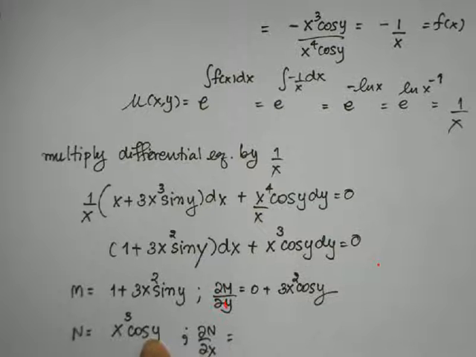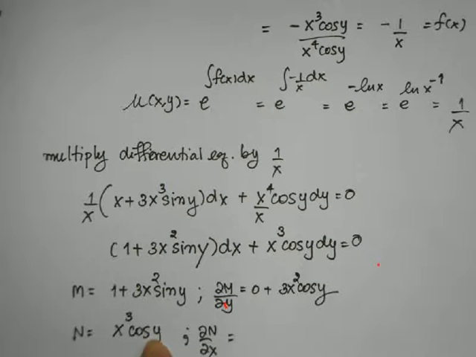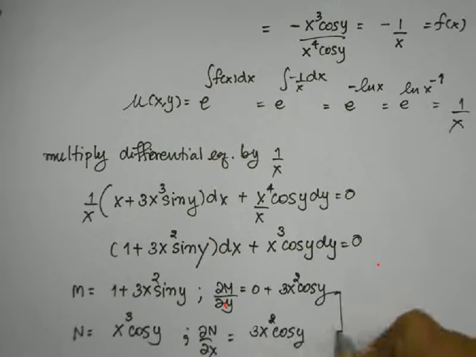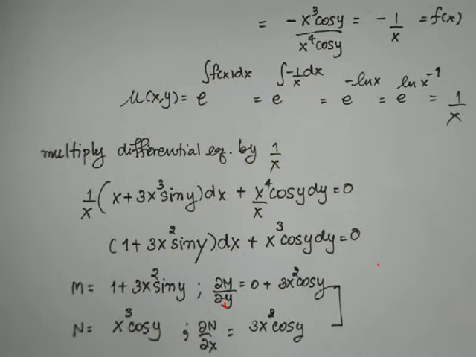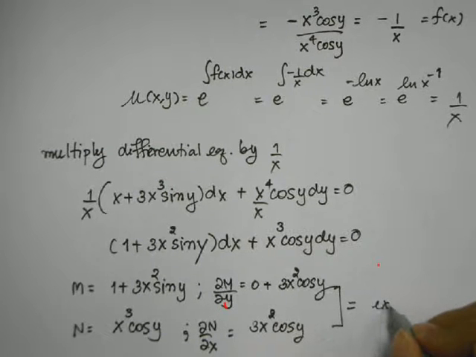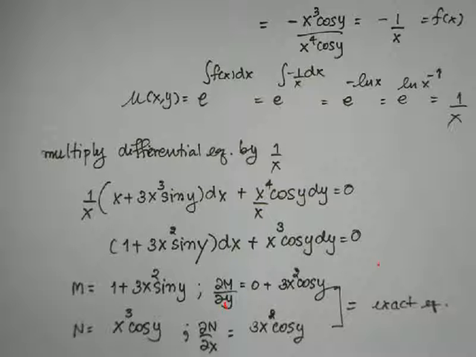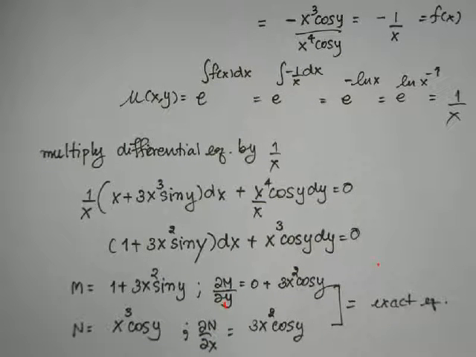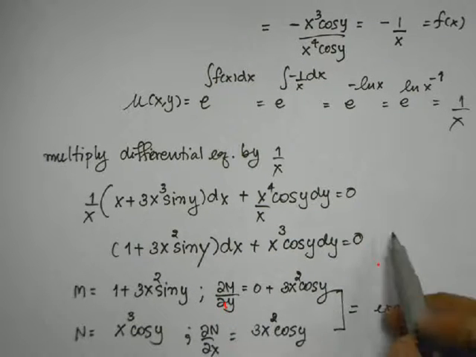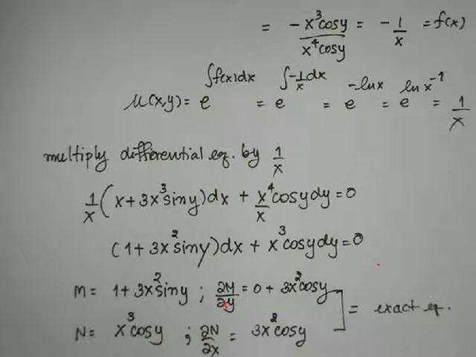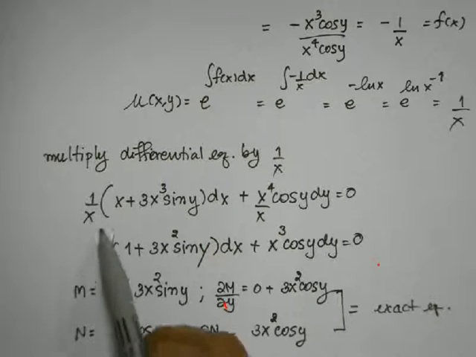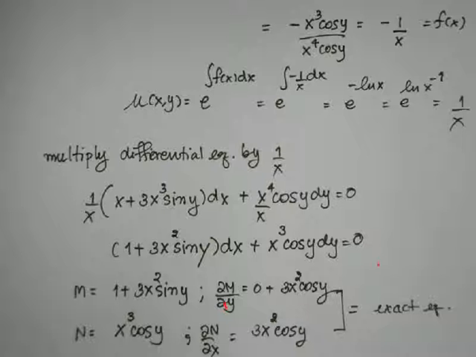So you would get 3x squared cos y. Now they are equal, so it becomes an exact equation. Now, the way to find the answer for this equation, you can use the exact equation method with the equation after you multiply by the integrating factor.